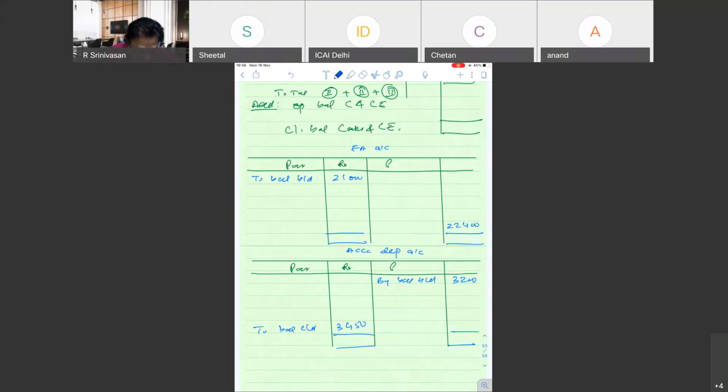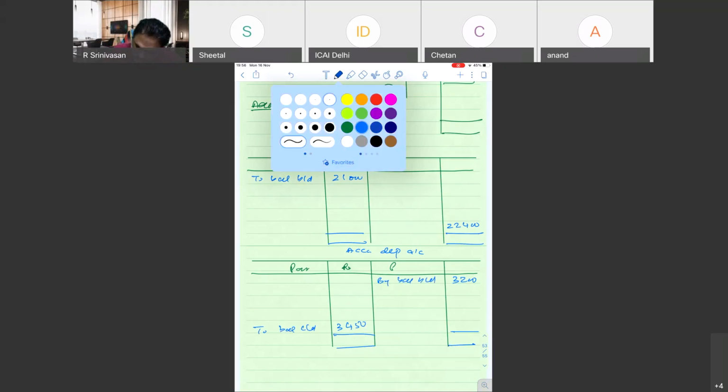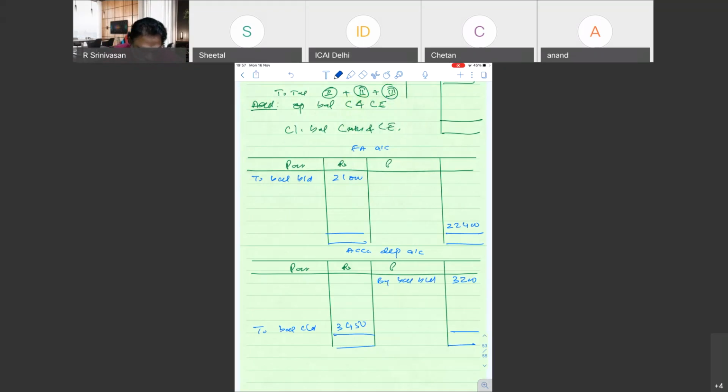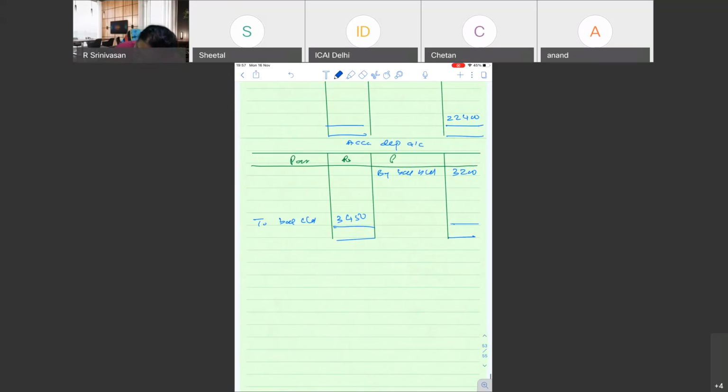Fixed assets costing 4 lakhs, accumulated depreciation 3 lakhs, sold for 1,50,000. So here, cost 4 lakhs. This is the statement of sales.